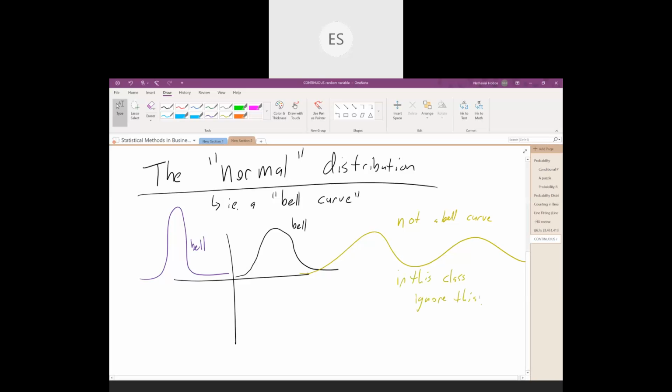How much do they resemble the normal distribution? That's a very good sequence of words. What does that mean? How much does the black one or the purple one, or a different one, resemble it? Let's take the black one. How much does that resemble a normal bell curve? What is normal?